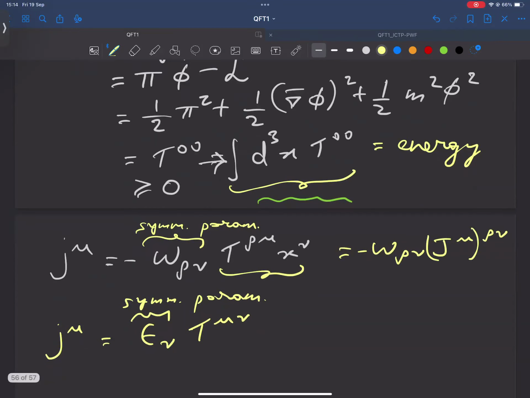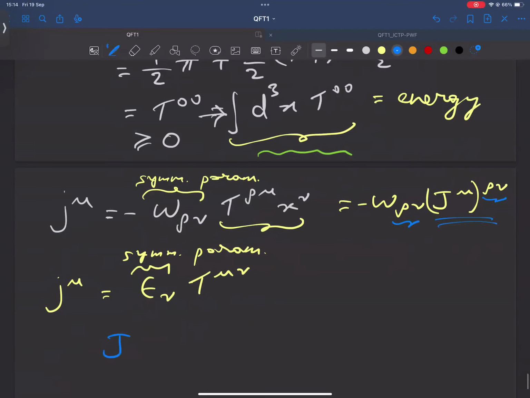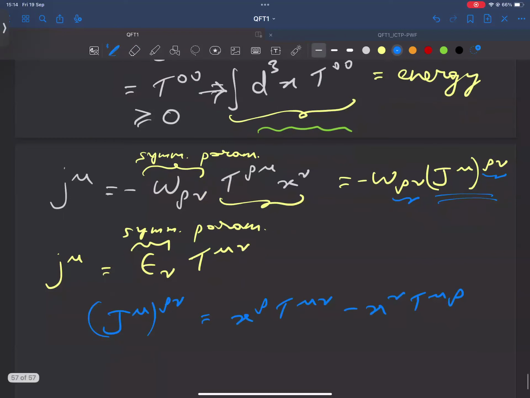Okay, why I'm writing rho nu separately from mu is because this is antisymmetric with the omega. So the antisymmetry of omega, the infinitesimal Lorentz generators, translates into the antisymmetry of the Noether currents that you get. So I just wrote J mu rho nu as this, and then I said that in a basis, this can be written as x rho T mu nu minus x nu T mu rho. Okay, so this is now manifestly antisymmetric.